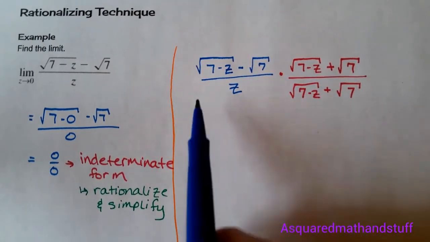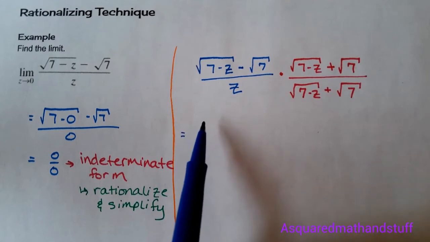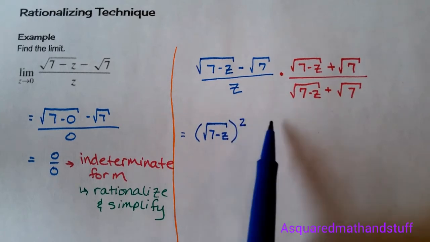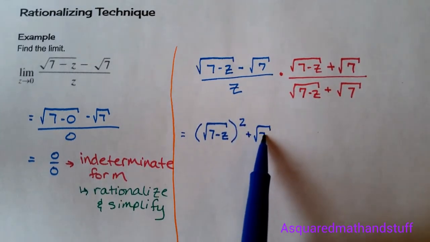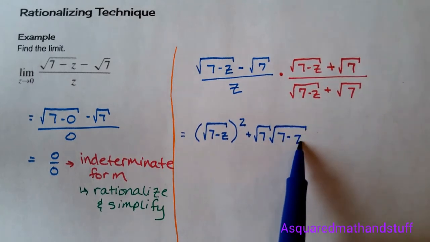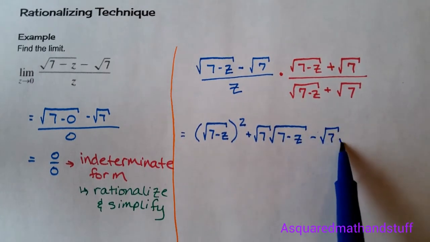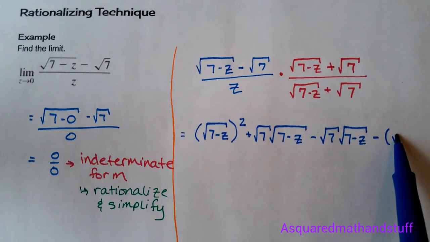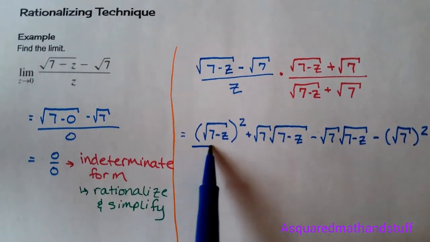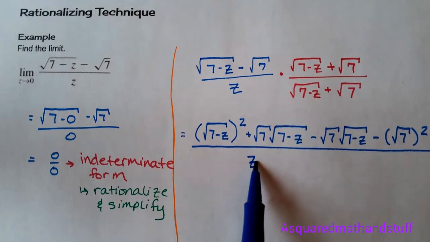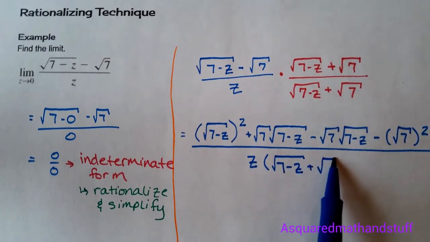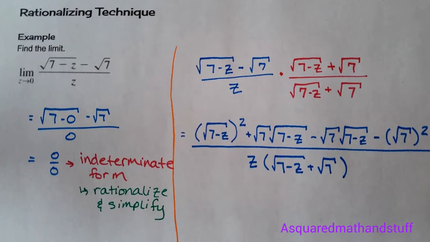When I distribute through here, we end up with the square root of 7 minus z squared, plus the square root of 7 times the square root of 7 minus z, minus the square root of 7 times the square root of 7 minus z, and then minus the square root of 7 squared, all divided by z times that square root of 7 minus z plus root 7. And the purpose of the conjugate is to get things to cancel out.